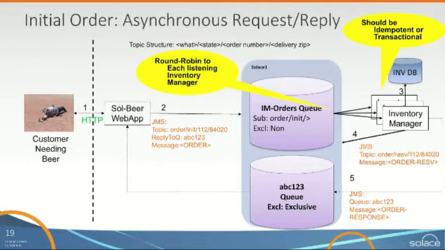So when we started out here, the customer needing beer hit the web application, and he could publish a JMS message over a topic with a reply-to queue, with the actual order as the message.